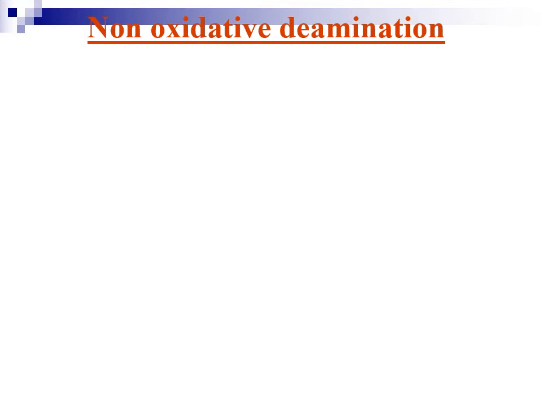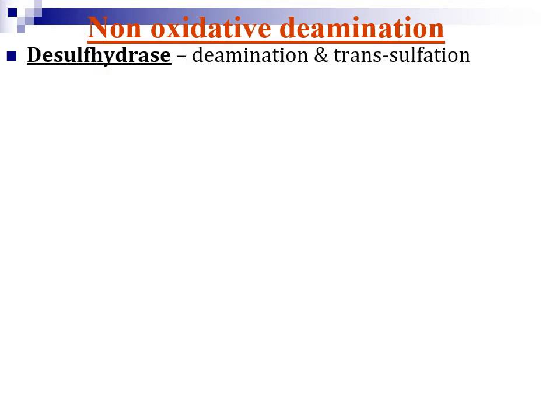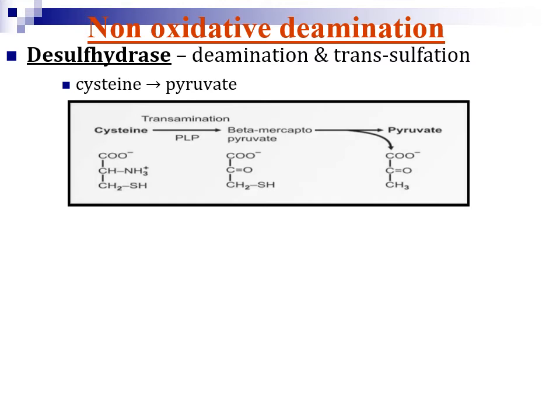Another pathway is non-oxidative deamination, that is desulfhydrase, which causes deamination and transsulfuration, in which cysteine gets converted into pyruvate.